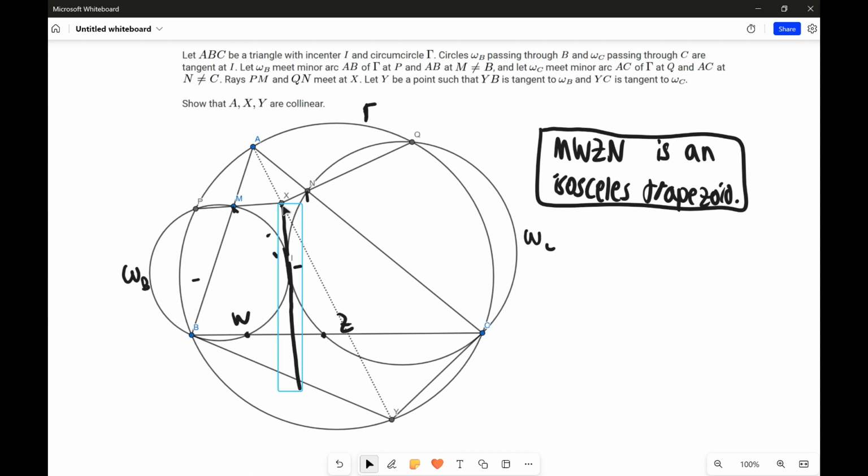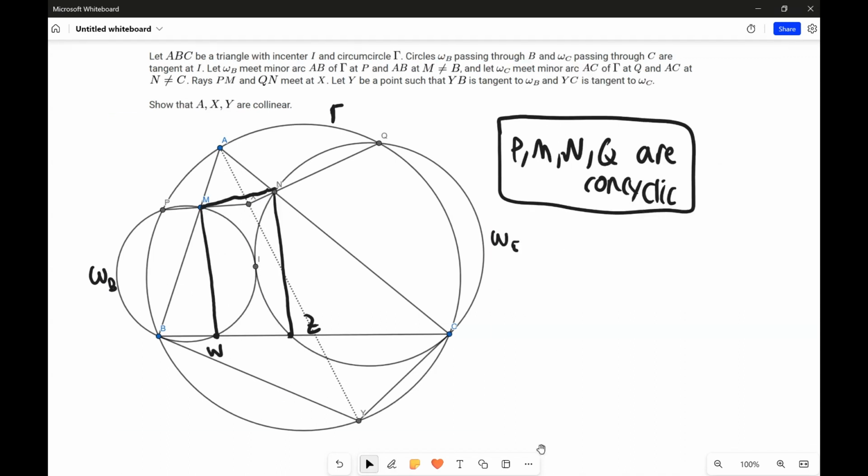And now we were looking for a radical axis with PM and QN on it. And this really makes us think that P, M, N, and Q is cyclic. Now our main efforts are improving that P, M, N, and Q are concyclic.